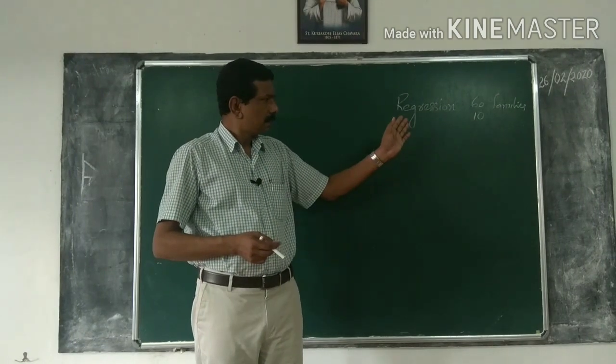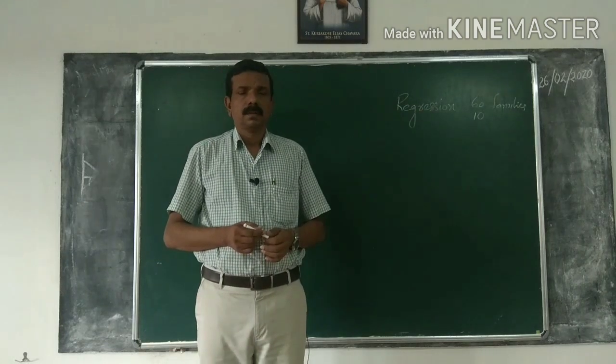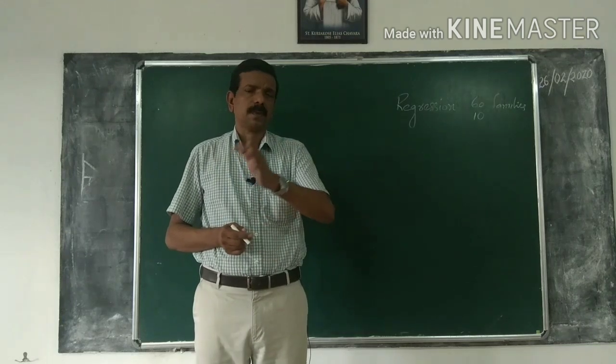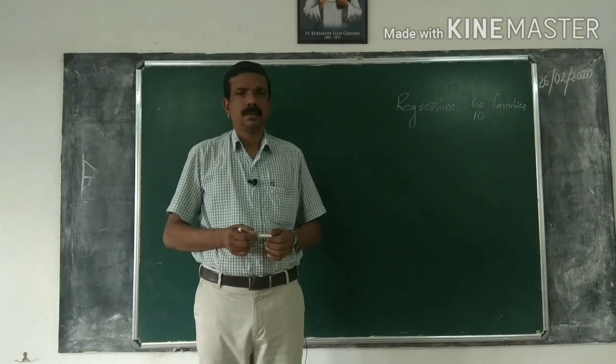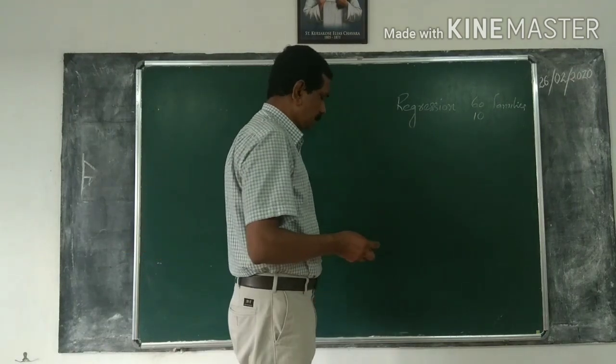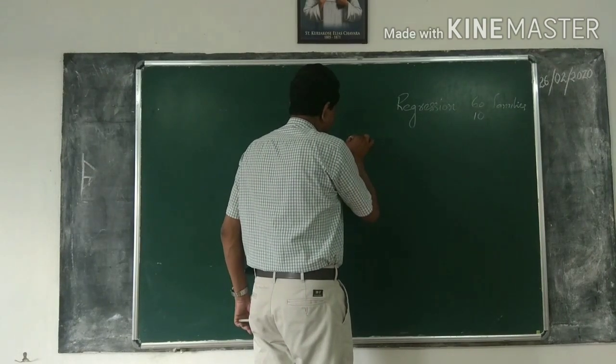Now, income may be given in dollar terms or in rupee terms, whatever it is. Now suppose that these income groups are like this.